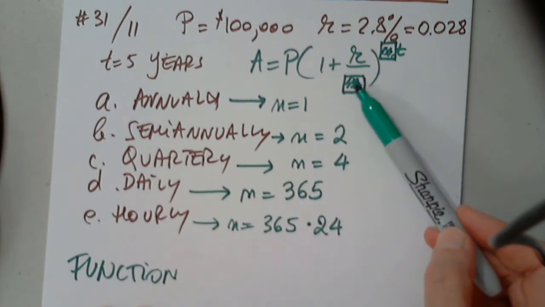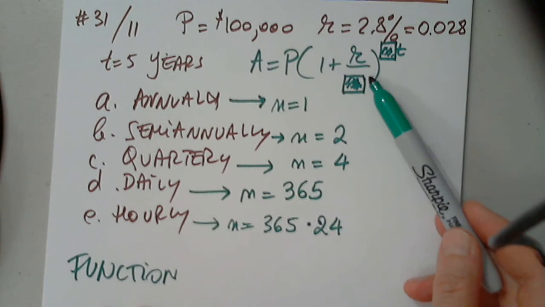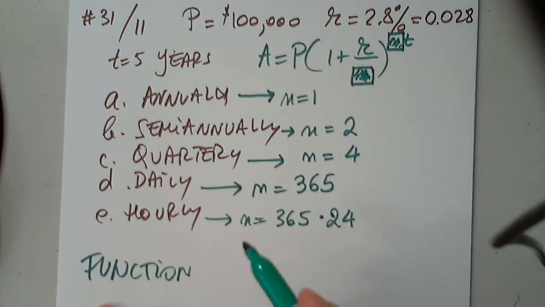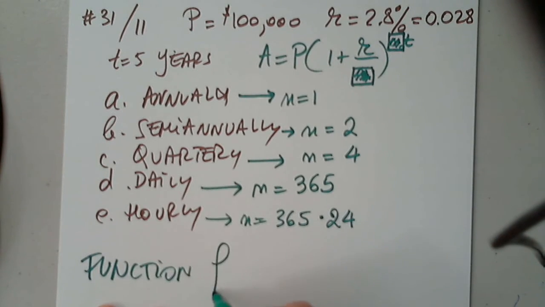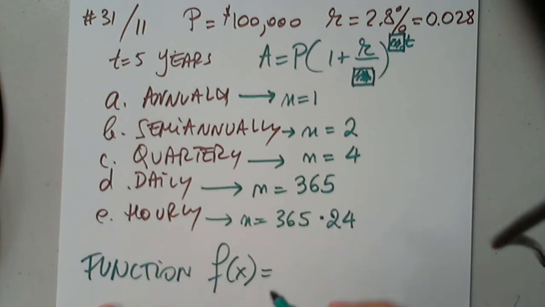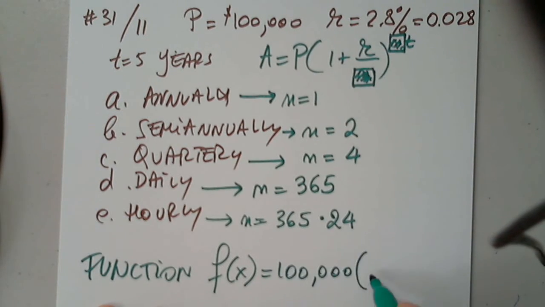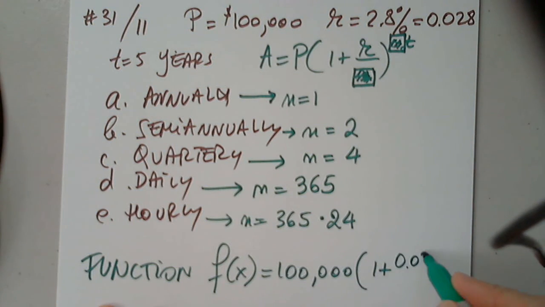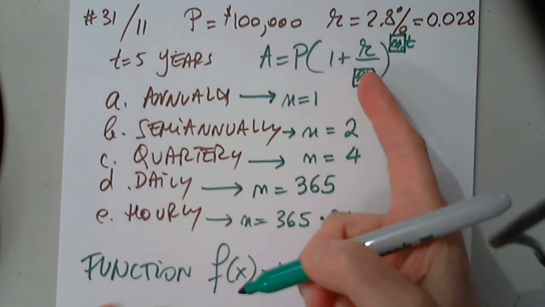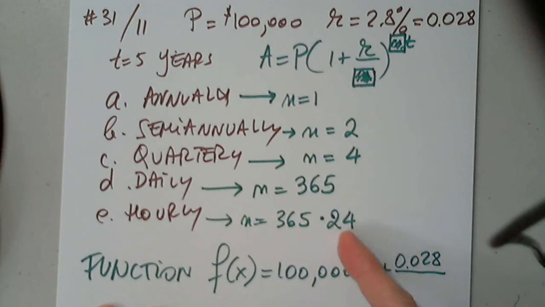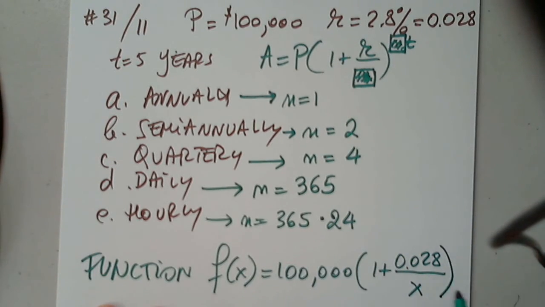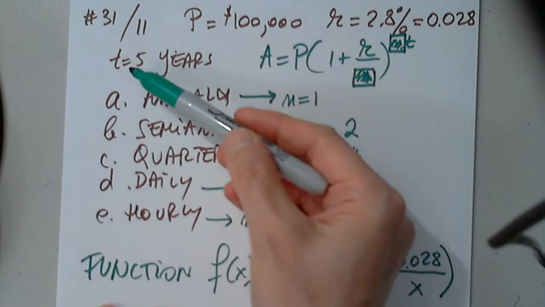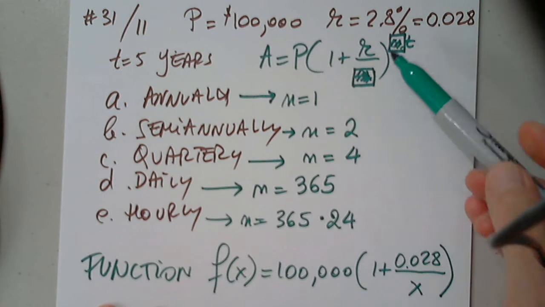I would like to put N in there, but the graphing calculator is restricted to x. So I'm going to have x in there. The function that I will create will be f of x equals 100,000 times 1 plus the fixed 0.028, divided by the unknown x, everything raised to t, which I made 5 years, so 5 times x.